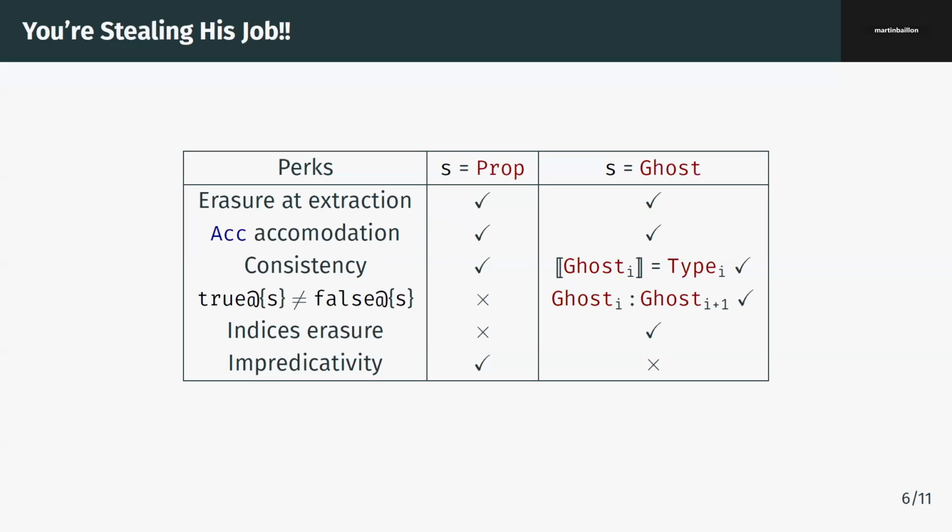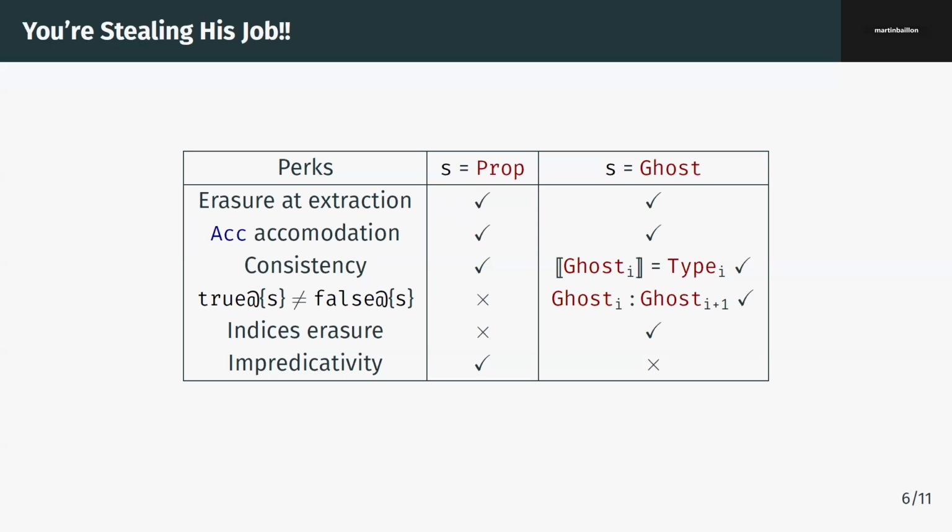And we have consistency. Well, Prop's consistency is assumed, but here we have consistency by saying that we can actually interpret Ghost as Type. We can also prove in Ghost that true is not equal to false, which is not something that we can prove in Prop.